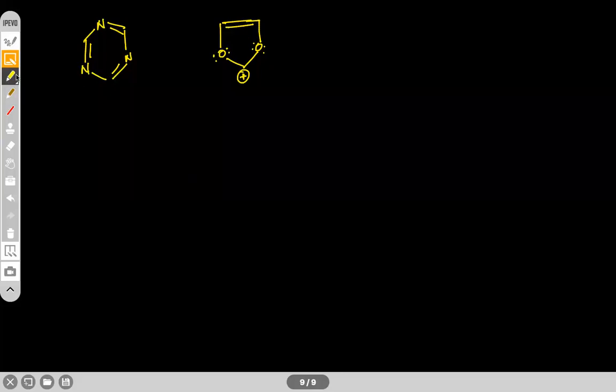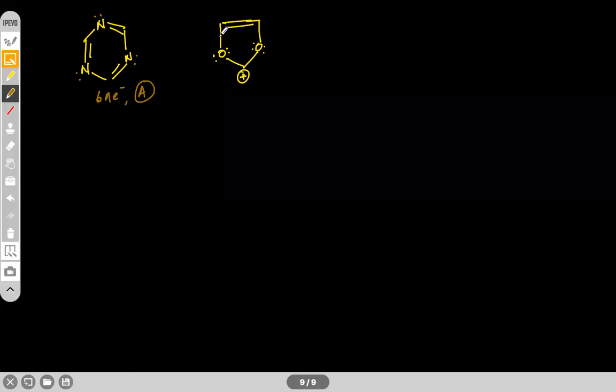The first one you see, this nitrogen atom has 1 lone pair, but obviously this lone pair we won't count because all the nitrogen atoms are sp2 hybridized, correct? So it is 2, 4, 6 pi electron, and this is aromatic in nature.